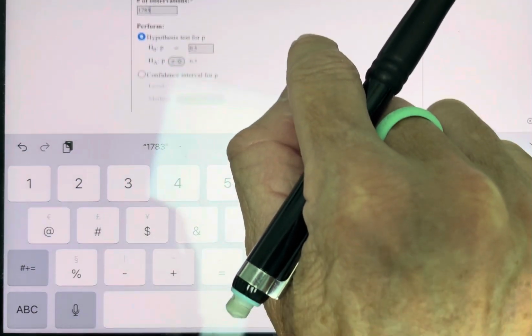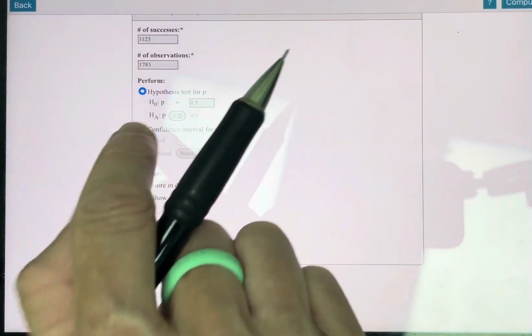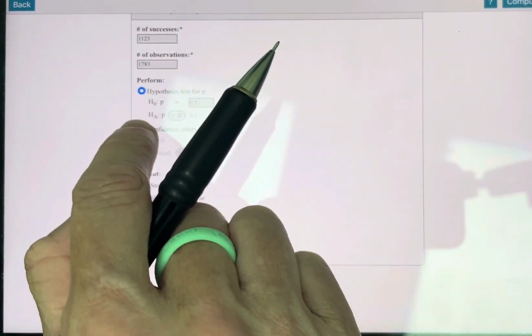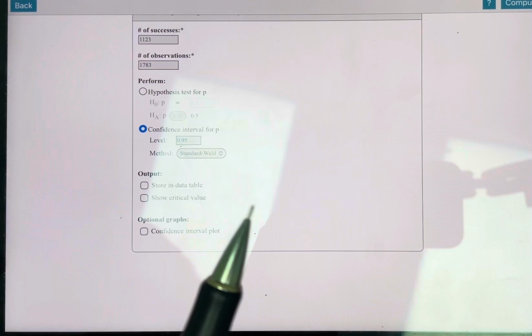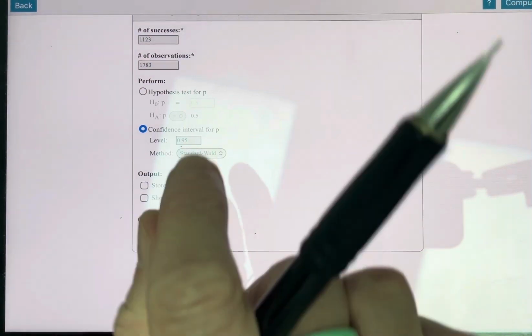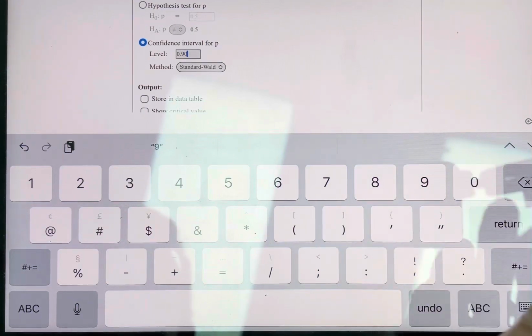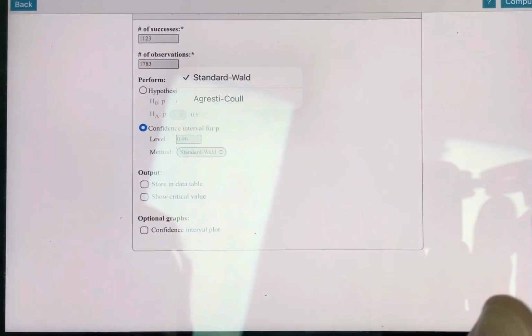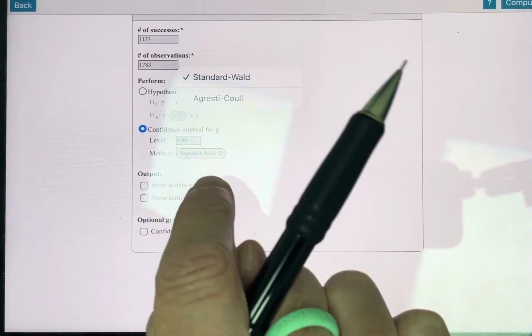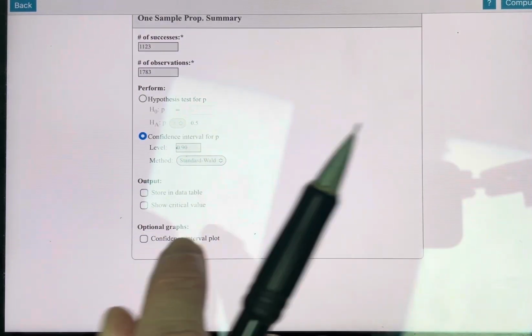Okay, we're going to go down to here. We're going to select the confidence interval. We're not doing hypothesis tests. We're doing confidence intervals. And we want a 90% confidence interval. So we'll go to, I had a 5 in there. We'll go back, put a 90 in there. Once we've done that, we'll leave the standard Wald method or whatever method, and we'll press compute.